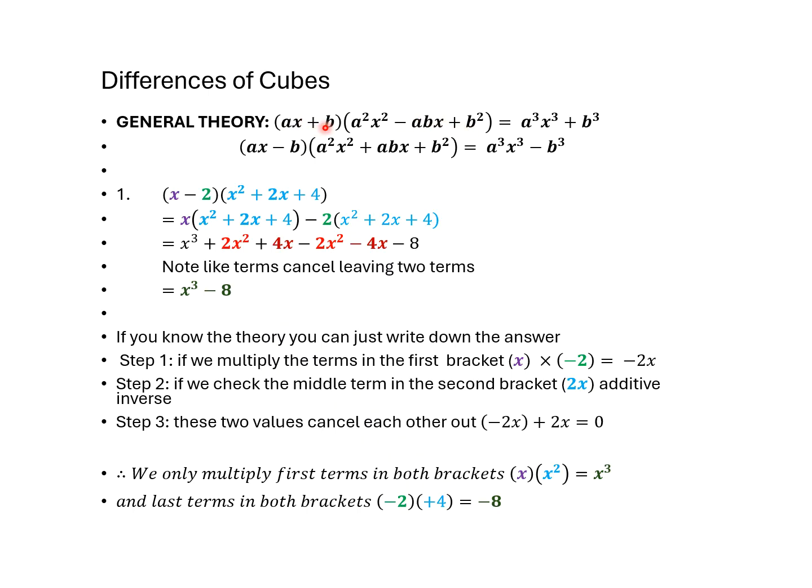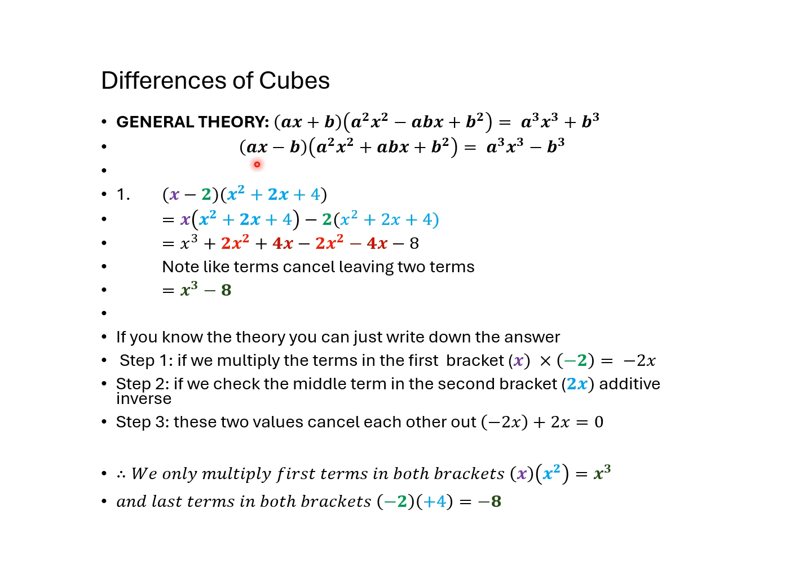Because abx minus abx cancels, my final answer is simply a times a squared, which gives me a cubed, x times x squared, which gives me x cubed, b times b squared, which gives me b cubed. Because it's only two answers, I said to you it's a 2-mark exam question.